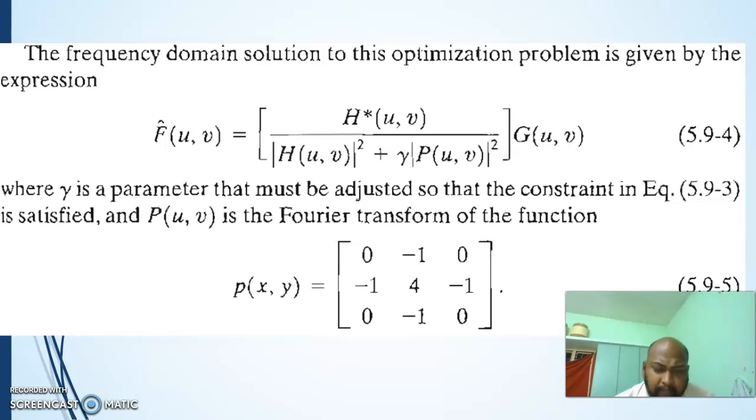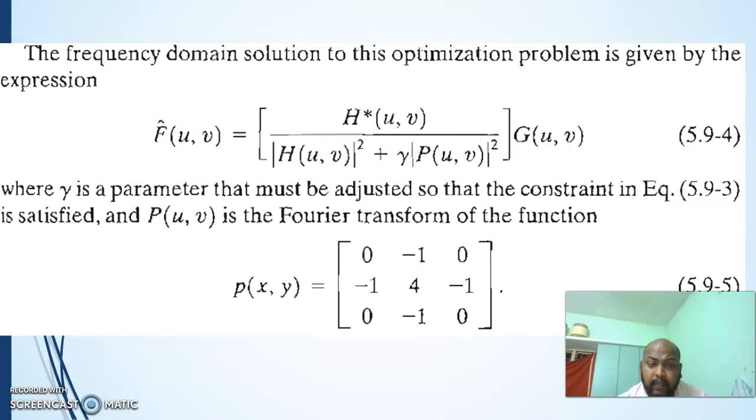With this concept we frame the expression of the transfer function of the filter, where gamma is a parameter that must be adjusted so that the constraint is satisfied.